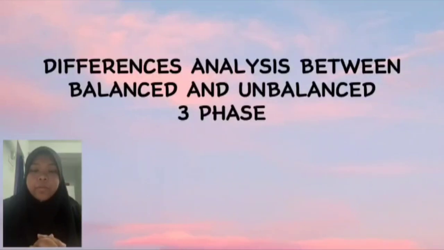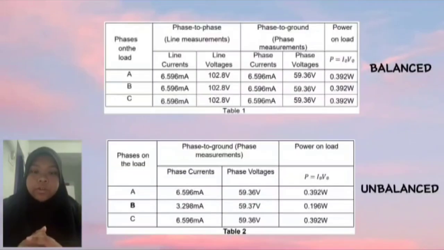We go to the difference between balanced and unbalanced load. Balanced load is when the current in all 3 phases is the same, but unbalanced is when the current for one of the phases is different.